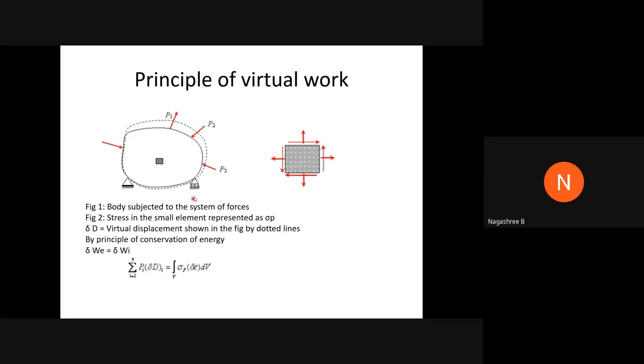Whenever the real forces act, this is the amount of virtual displacement. If it deflects to the virtual deflected position represented by the dotted lines, it always follows the principle of conservation of energy: the work done by the external forces will be equal to the internal work.